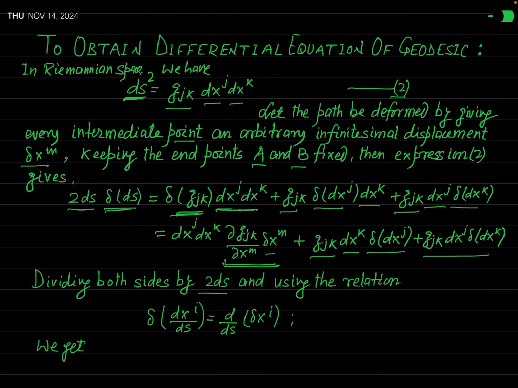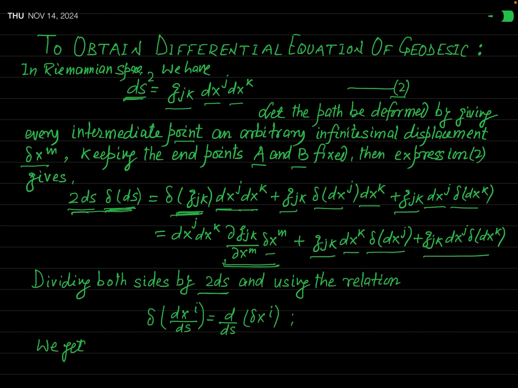So see the LHS. When you divide this 2 ds times delta operated on ds by this 2 ds, the 2 ds will cancel out, and only delta operated on ds in the LHS will remain. The RHS will also be simplified by taking into account this particular result.